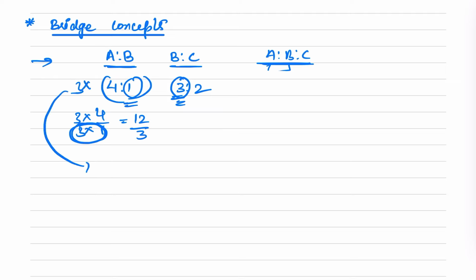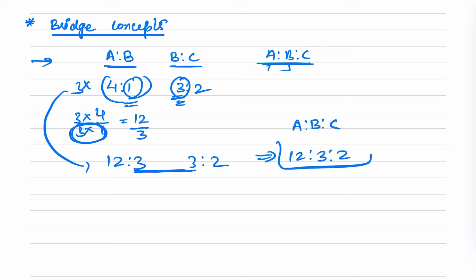So this becomes 12 is to 3 and 3 is to 2. So the 3s are common. Therefore, A is to B is to C is 12 is to 3 is to 2. This is nothing but we have just taken the LCM and provided the common B, right?